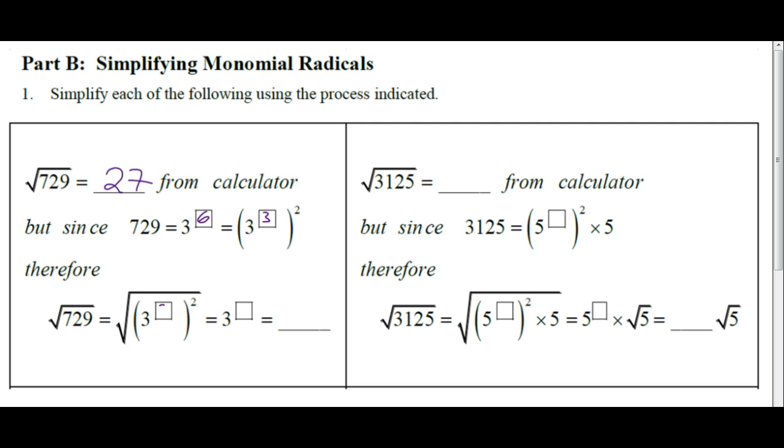So we can write it as the square root of 3 cubed squared. What do you do when you take the square root of something that's being squared? You just get the something, right? So the square root of 3 cubed squared is 3 cubed, which is 27.